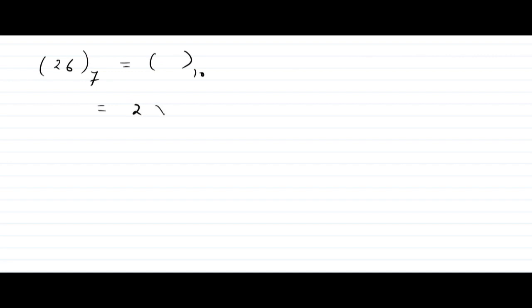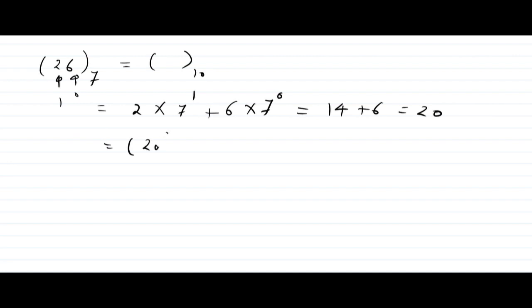So it will be 2 into 7 raised to power 1, because this has place value 1 and this has place value 0, plus 6 into 7 raised to power 0, which is nothing but 14 plus 6, which is 20, right? So this number is nothing but 20 in base 10.